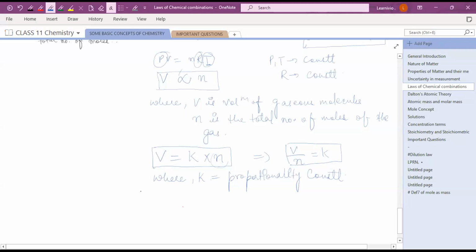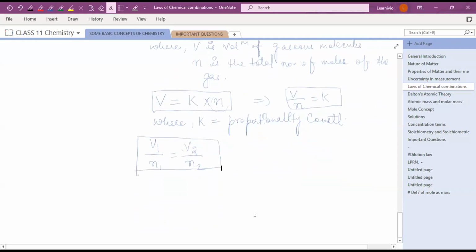Okay, now if there are two gases, can we say that V1 upon n1 is equal to V2 upon n2, right? So if there are two gases, then V1/n1 = V2/n2. Now what are V1, V2, n1 and n2? V1 is the volume of one gas, and n1 is the number of moles of that first gas.